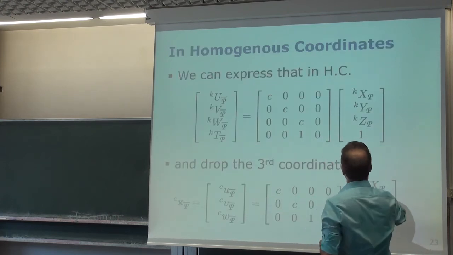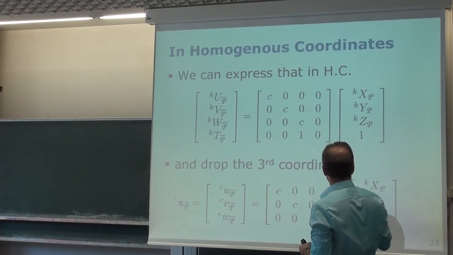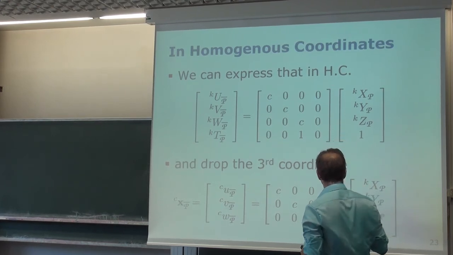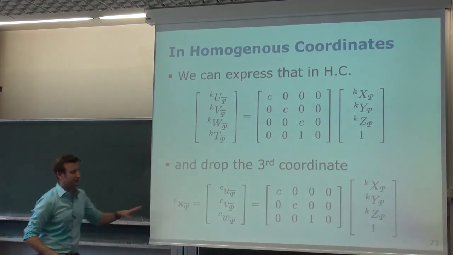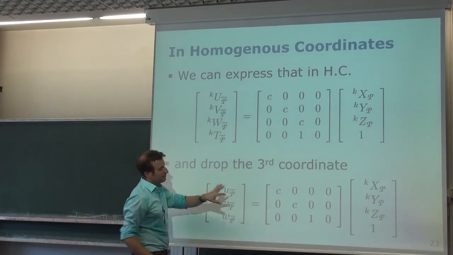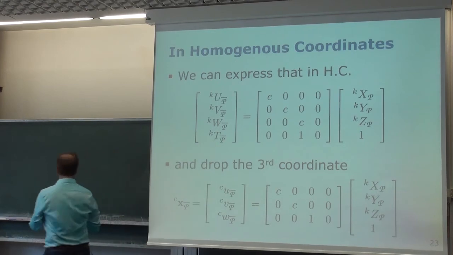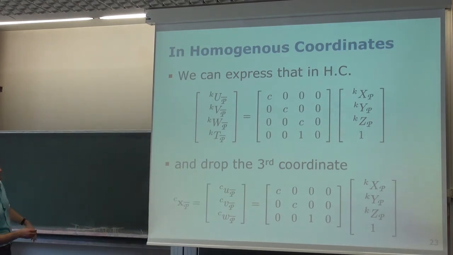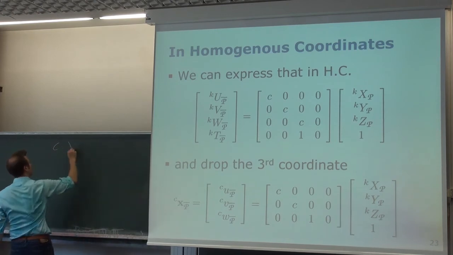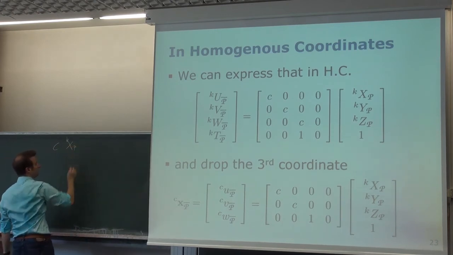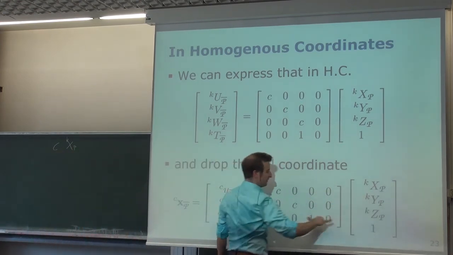Okay, let's check. Let's apply this. So this is the final one. Let's check what happens if I multiply this matrix with this vector over here. So the first component will be C times x_k^p, right? Multiplying this one with this guy, next one with this one.